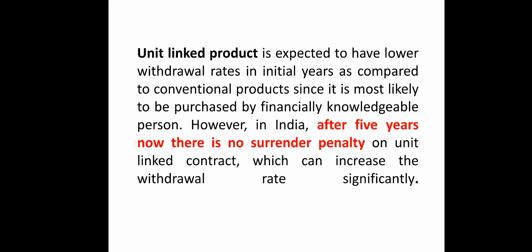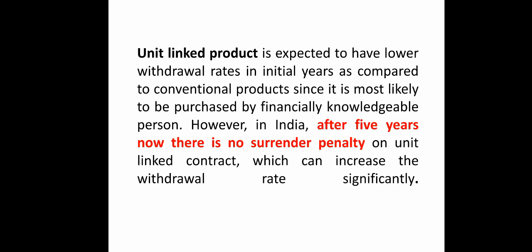The next example of what type of product will have an effect on withdrawal rate is a unit linked product. In this, your product, which is an insurance product, is actually linked to the stock market. So you do have your units. In such a product, we have something called a surrender penalty, applicable for the first 5 years. Thereafter, there is no penalty.